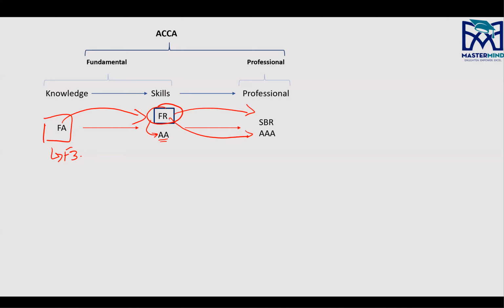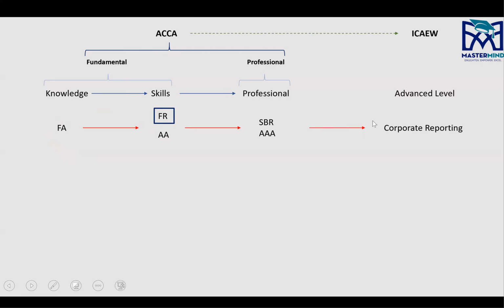The knowledge that you acquire in FR will help you in ICW as well, if you plan to give ICW, right? Advanced level corporate reporting. Because obviously, like I said, the knowledge that you get in financial accounting is like for a basic accountant, right? You can call yourself an accountant when you're done with financial accounting.